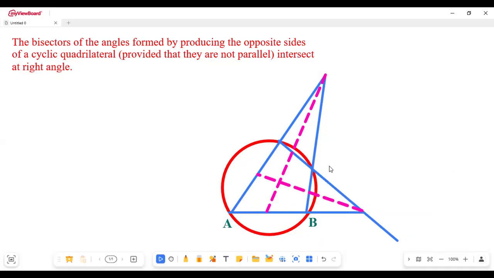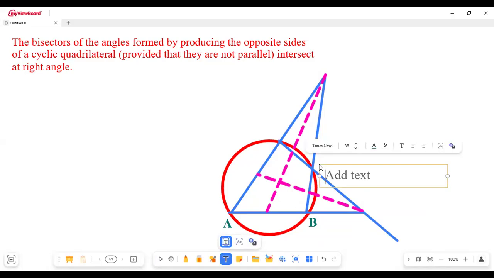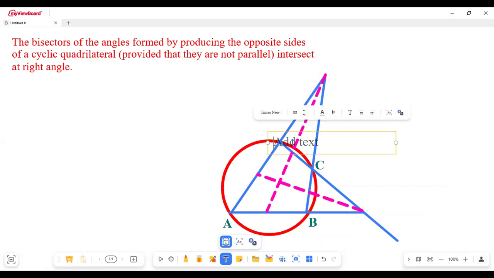And now this one will be C, and this one will be D.